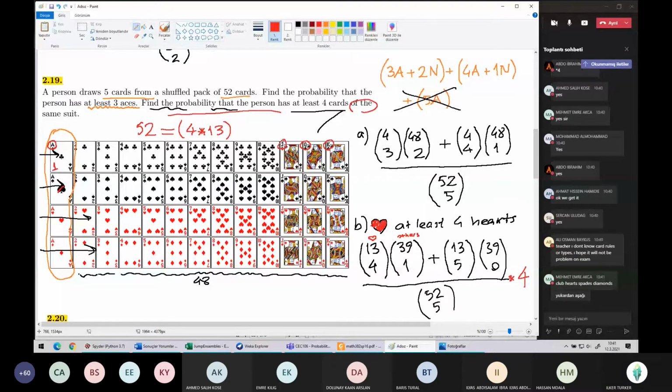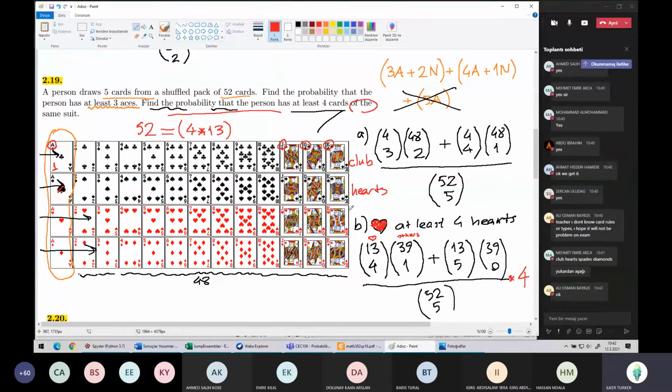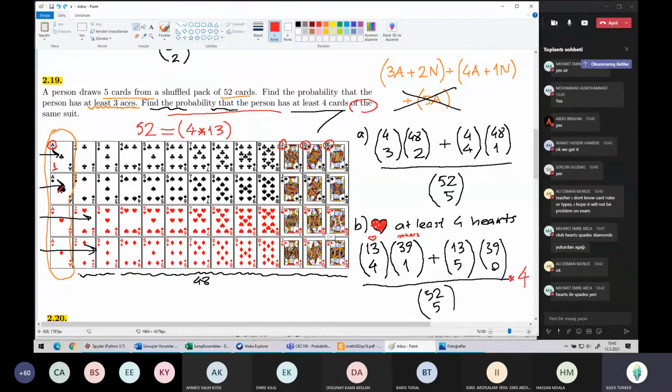Clubs, let's write clubs, hearts, spades. No, this is hearts. What is the first one?